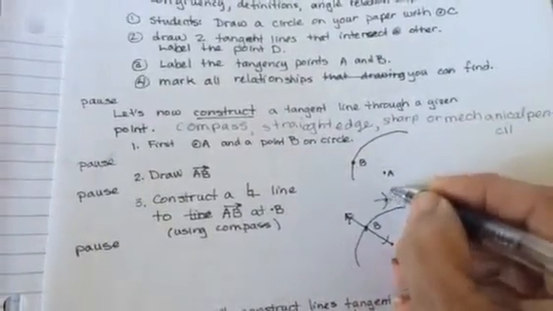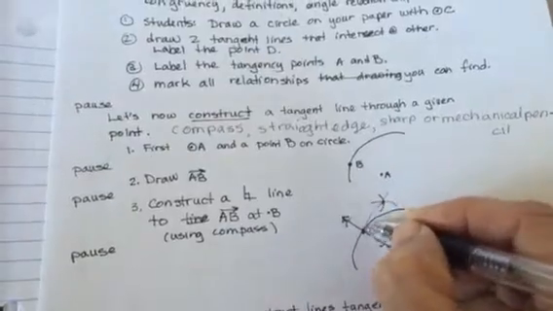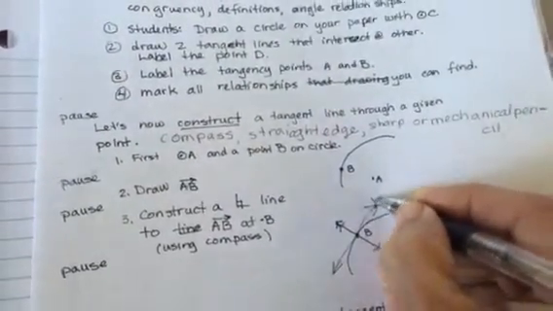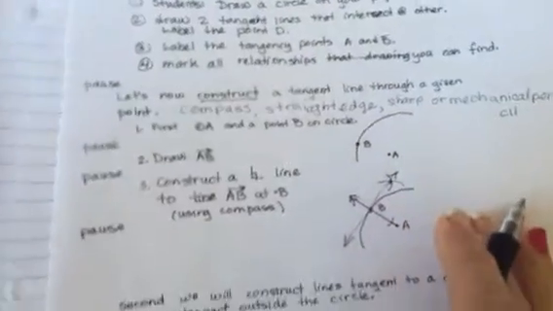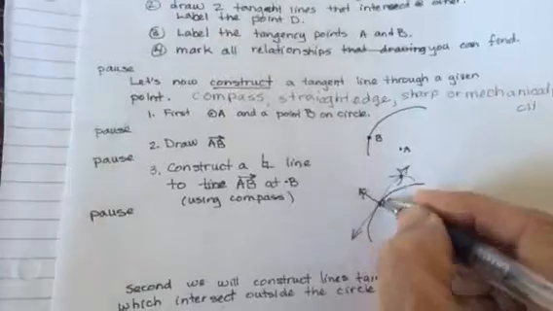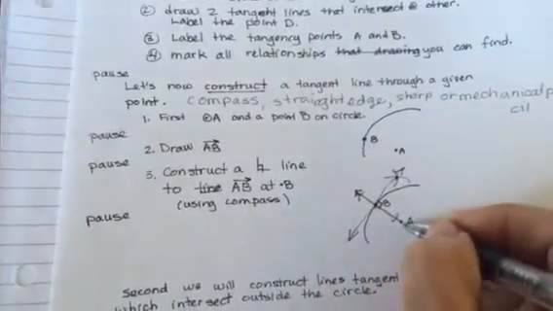Where they intersect is a point. And with your straight edge, have an absolutely straight line that we know is perpendicular to circle A.